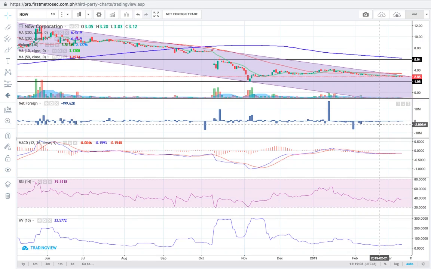Now let's say this is the first time that you've heard about the concept behind trailing stop loss. If your average price is higher than the current price, I would suggest you calculate your trailing stop loss from your average price. How is that? Let's say you would like to risk up to 10% of your trading capital on Now Corporation. Let's say your average price is at 2.90.